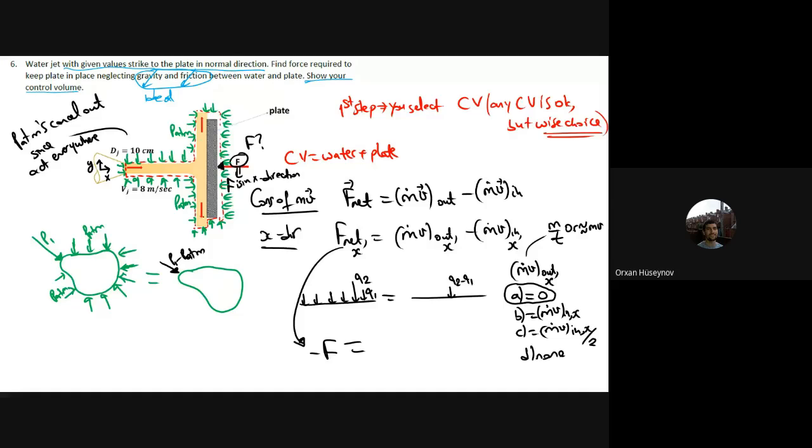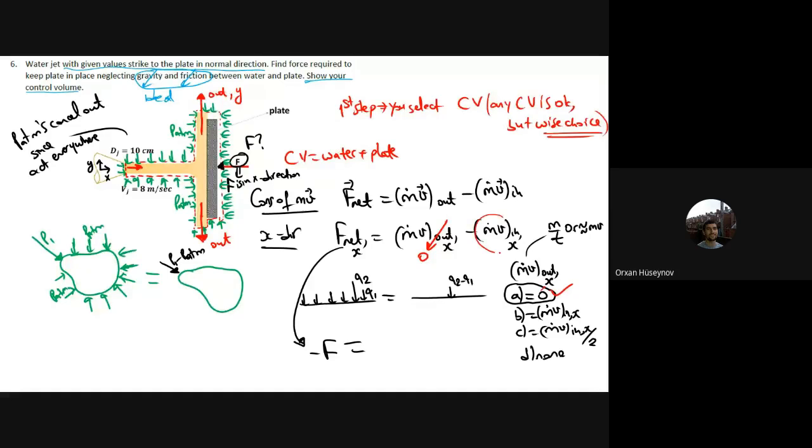But when you look at the momentum rate when it leaves the system, it is in y direction. These are out, and this one is out. For this system, this one is in. These are out quantities that leave the system. And therefore, for x direction, you don't have any flow. You can see it is in y direction. Therefore, this term is 0.